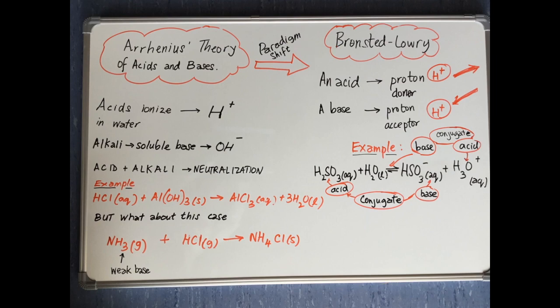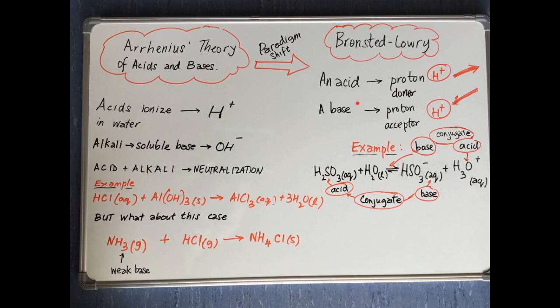So the result was a paradigm shift in what was considered to be an acid or a base. And the Bronsted-Lowry theory of acids and bases considered an acid as a proton donor, very much in keeping with Arrhenius. But as far as a base goes, a base was defined as a proton acceptor.